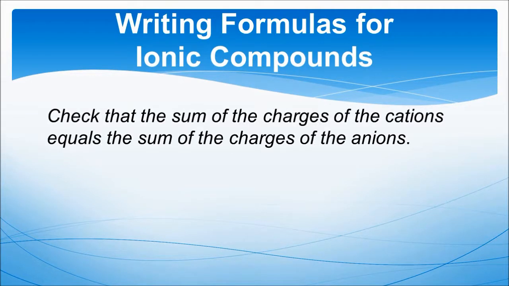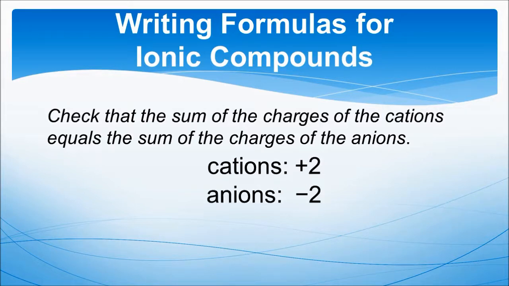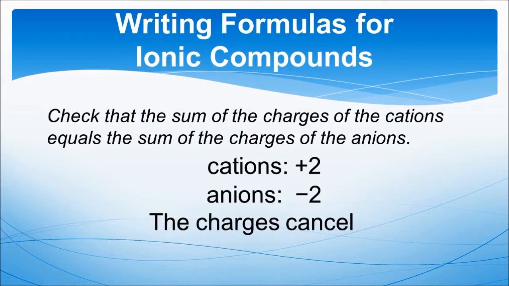You then check that the sum of the charges of the cations equals the sum of the charges of the anions. In this case, our cation Ca2 plus has a plus 2 charge, the anion has a minus 2 charge, and both charges cancel.